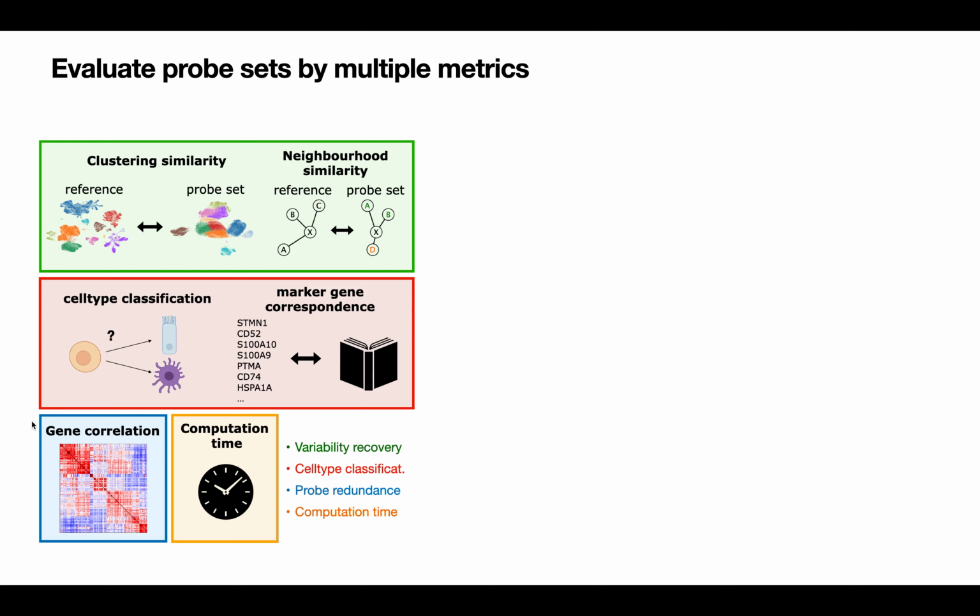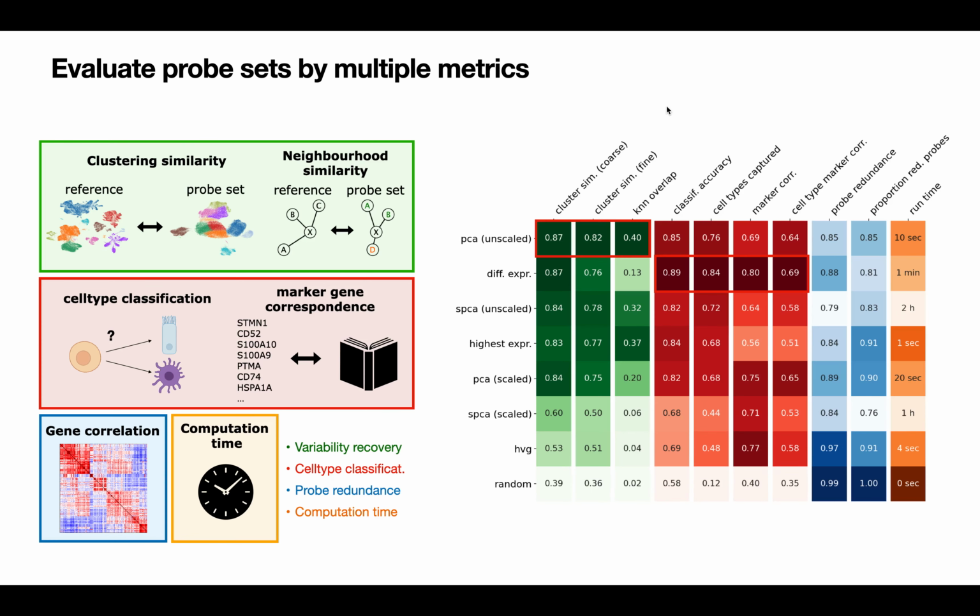Then we also don't want to select genes that give exactly the same information, which are totally correlated. So we also measure the general correlation within the gene set. And then to select such a set of genes, we use feature selection methods. And for these methods, we can also compute the computation time.